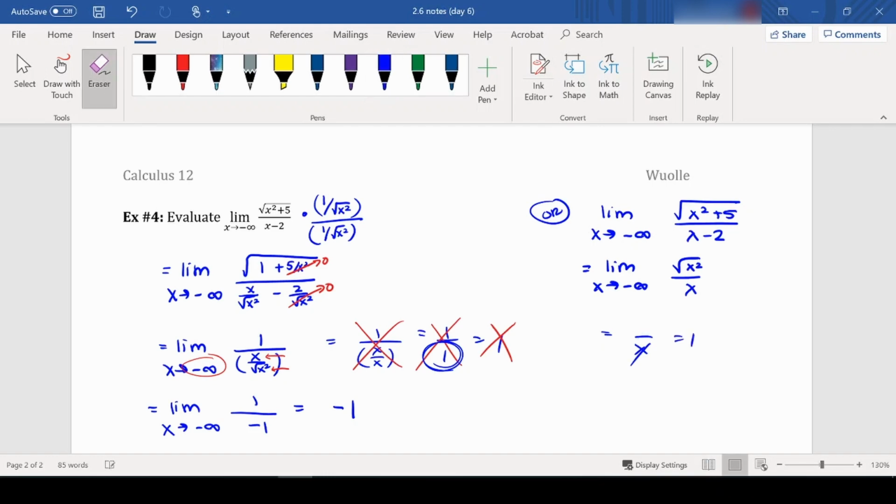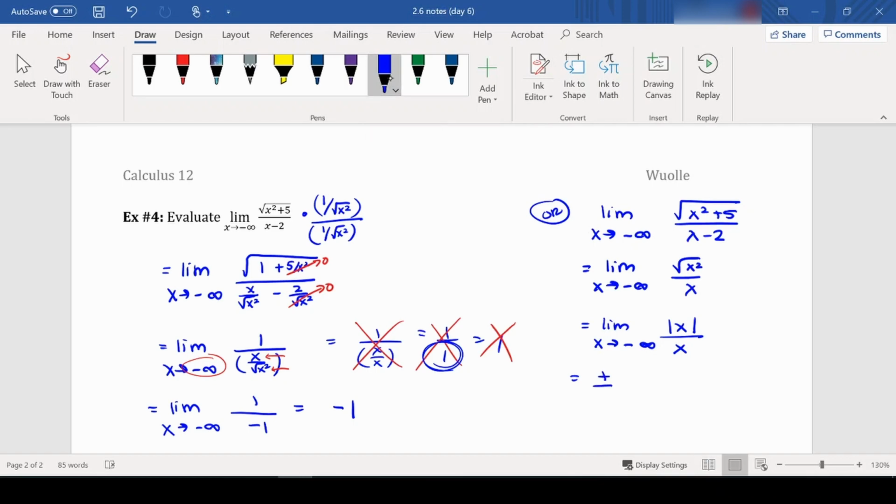No, it is not. Because if I plug negative infinity in on the top, I have an x that is always positive. And on the bottom, I have just plain old x. Okay, so if I plug negative infinity in on the top, it is going to give me a positive number.